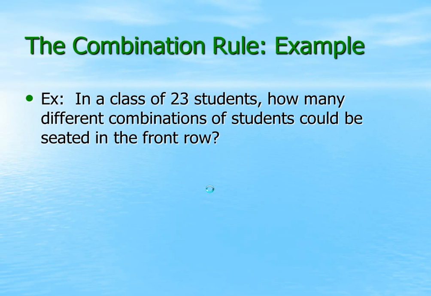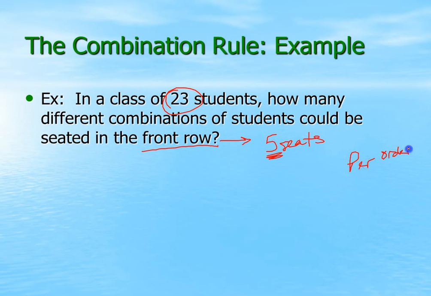Okay, the next one. In a class of 23 students, how many different combinations of students can be seated in the front row? Well, if we look at the front row of our classroom, how many seats are there? Okay, so I'll give you a second. Count. 1, 2, 3, 4. There's 5 seats in our front row. So if there's 23 students and I want to pick students in the front row, which is 5, I have 23, I'm picking 5, but is this a permutation?